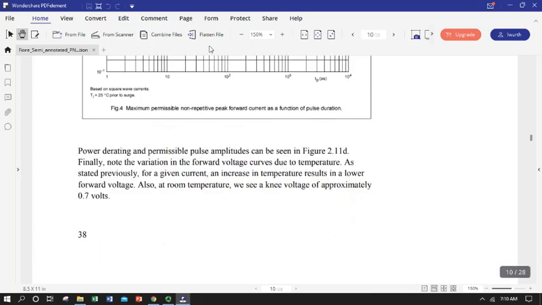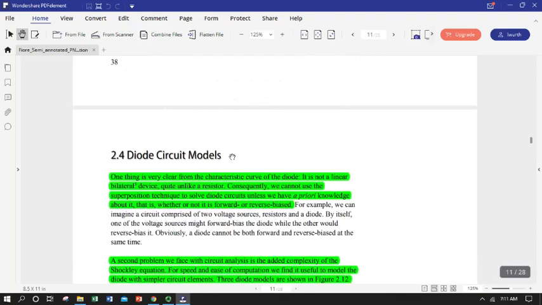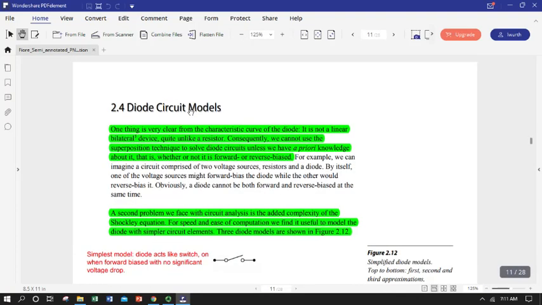So that is pretty much everything you would need to know about how to use your device: forward voltage drop expected, reverse saturation current, and then what not to do with it: maximum applied forward current, maximum applied reverse voltage, and power dissipation. So now we understand how our diode works generally, qualitatively.